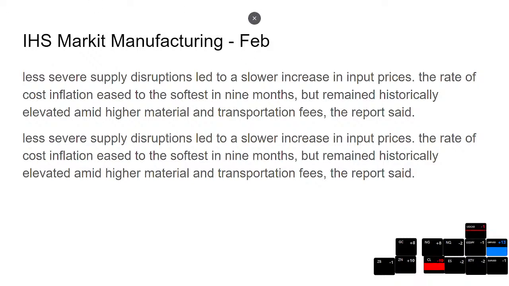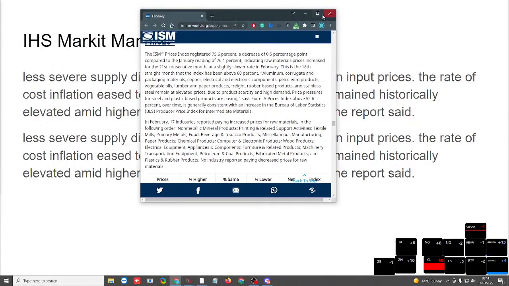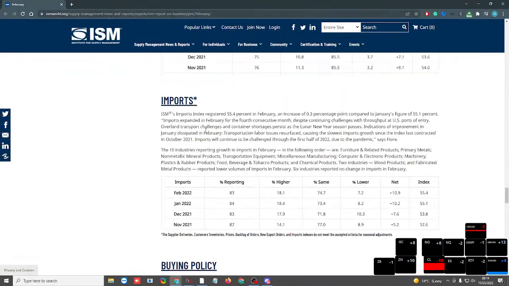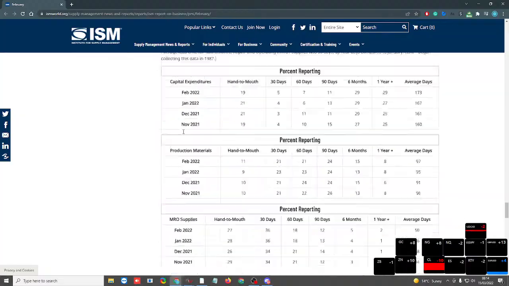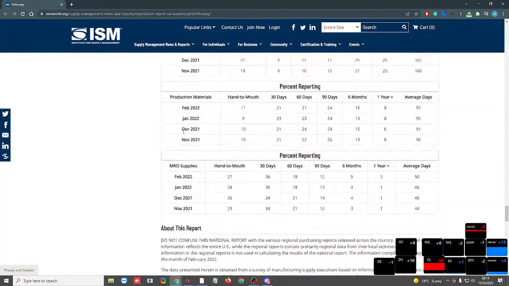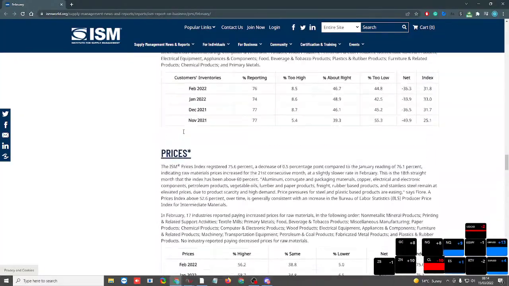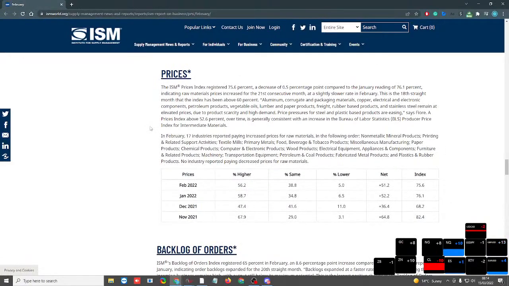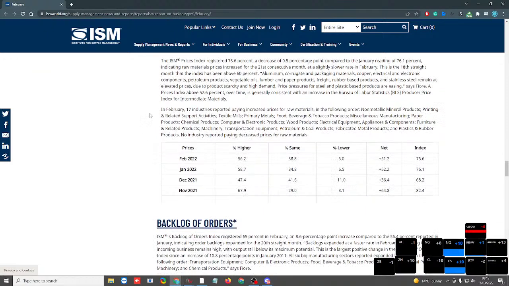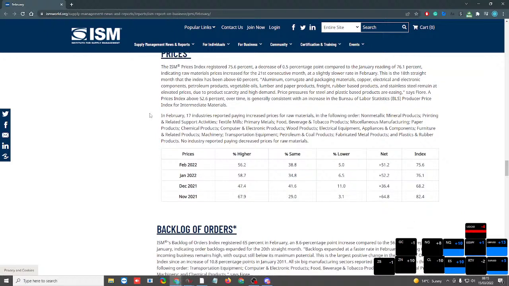And then also just to bear in mind, I want to have a look at the ISM manufacturing report as well. So if we take a look at the prices paid, go back up. Okay, so even in the prior report that we had for the ISM, that registered 75.6%.